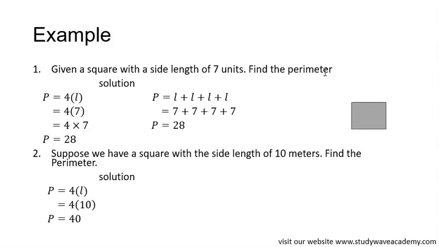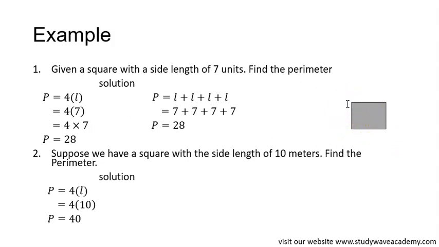So we have to find the perimeter of a square that the length is 7 units. Now this is a square, right? Here is the length, here is the length, here is the length, and here is the length. All four sides are equal and they are all the lengths, right? So each of these lengths has 7 units. We have to find the perimeter.